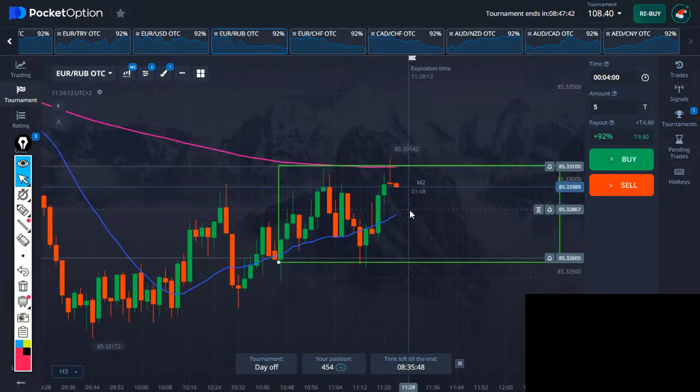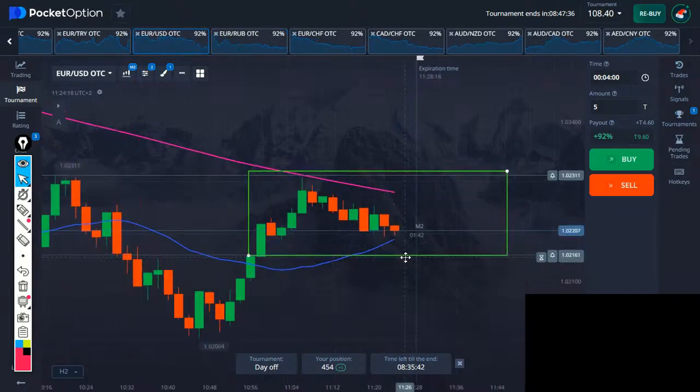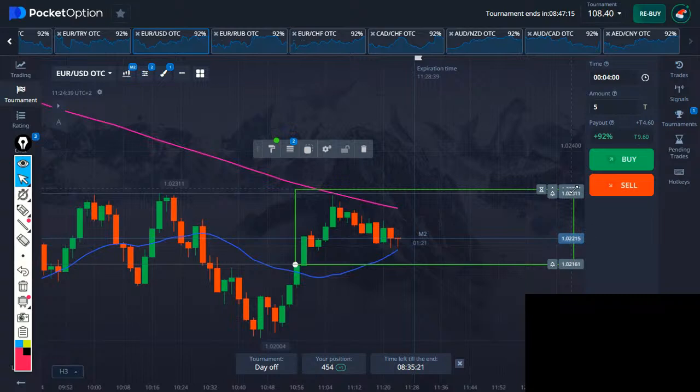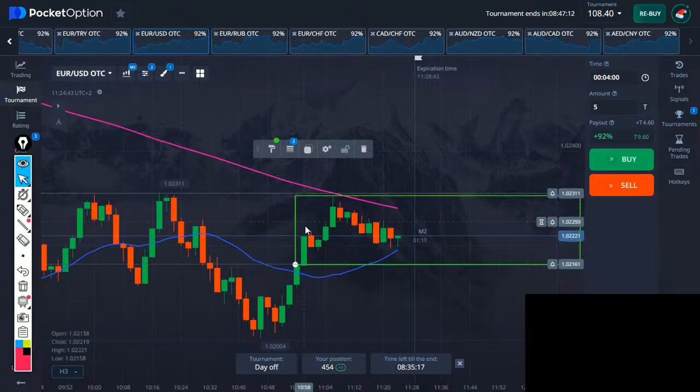So let's see. See our Euro USD. We can do this in this case.